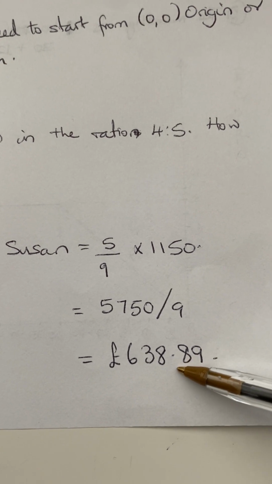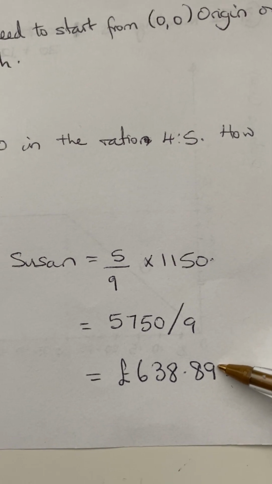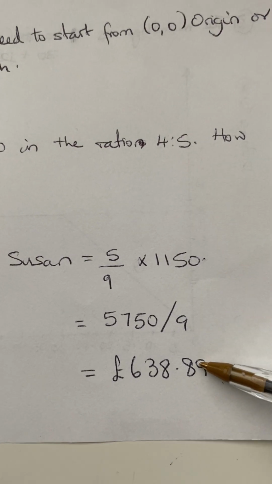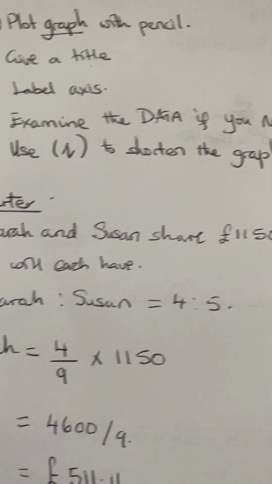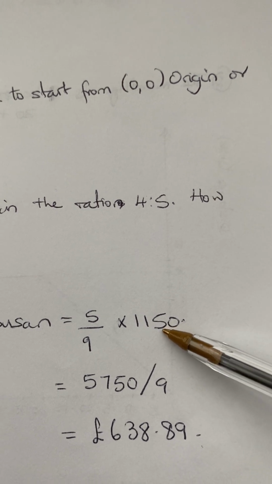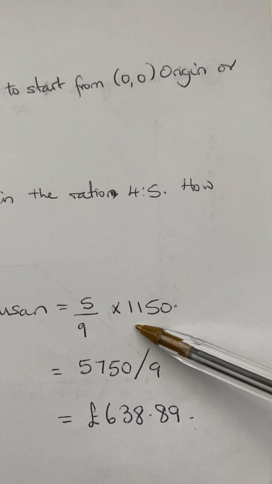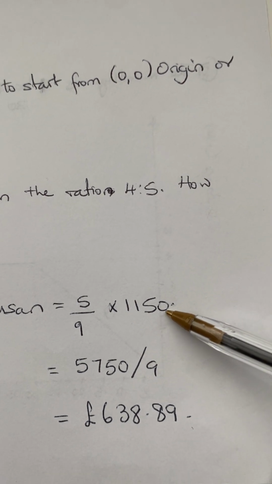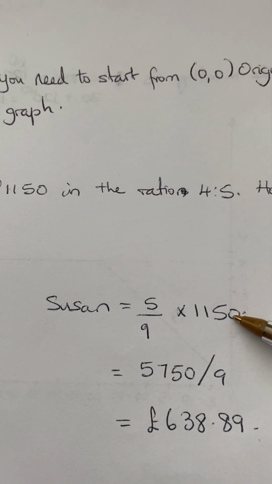Unless you are asked to approximate in the question, to the nearest whole number, this will be your answer. And if you add both, you should end up getting £1,150, which I did on the calculator, and I got that.